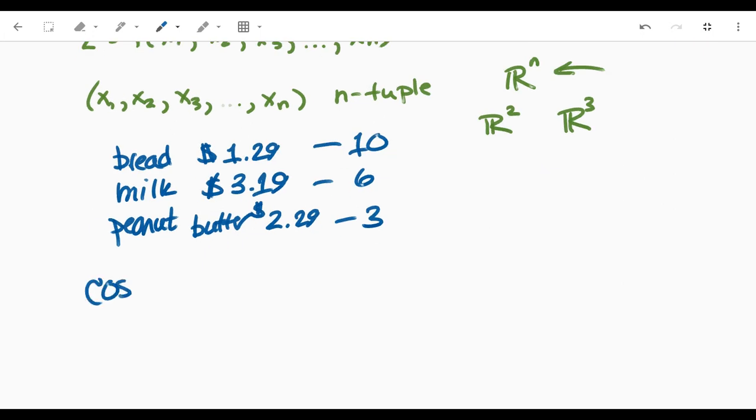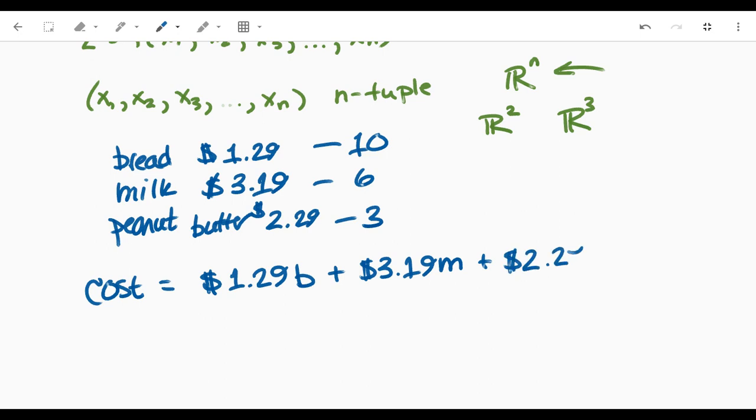So the cost of your grocery store trip would be $1.29 times however much bread you buy, plus $3.19 times however much milk you buy, plus $2.29 times the peanut butter, and so on. Well, cost is a function of bread, milk, peanut butter, and so on, right? There's so many things in the grocery store. There's not just those 3.